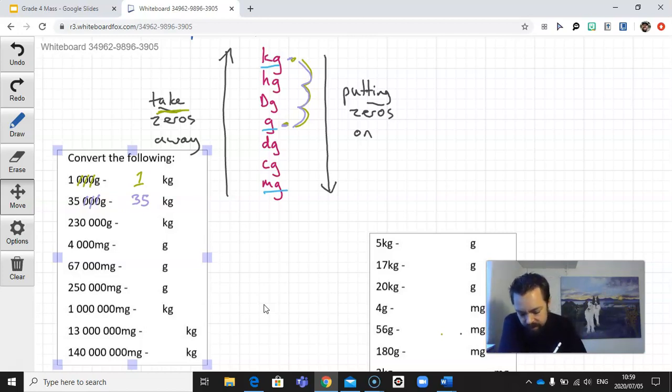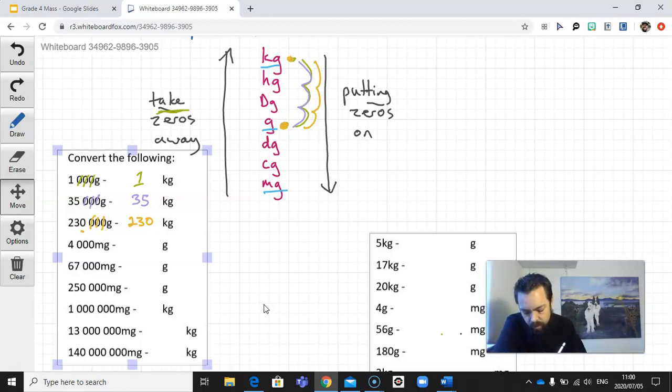So they throw in one of these where there's an extra 0. So again, we're going from grams to kilograms. It's again 1, 2, 3 jumps, which means we take away 3 zeros. But there is still going to be a 0 left in your answer. So 230,000 grams is equal to 230 kilograms.